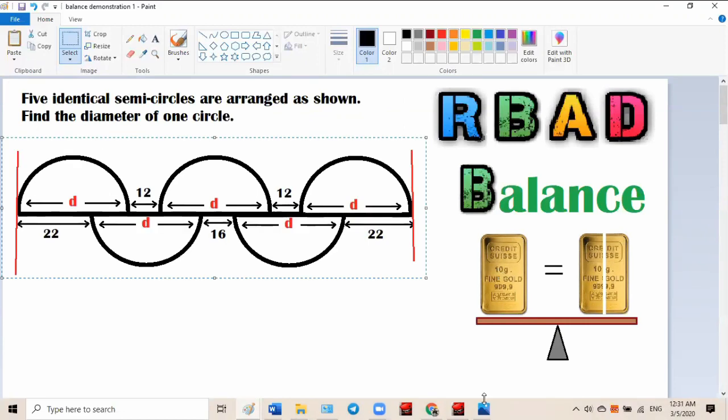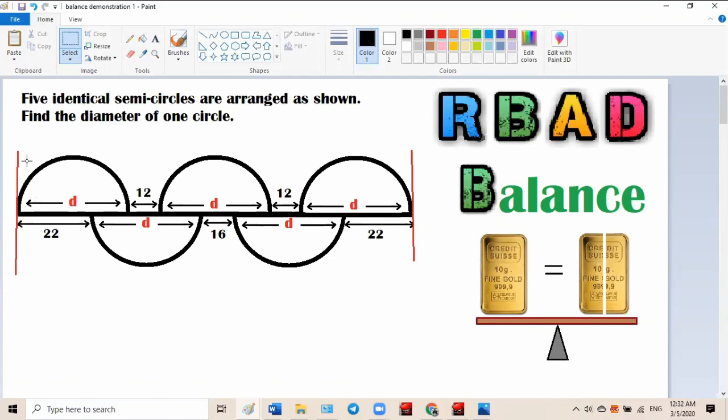Here it is. This is the same picture as before, only I have added in the diameters because the question asked for the diameter. Now, what is the diameter? The diameter is the distance from one side of the circumference of a circle to the other side, passing through the center of the circle.